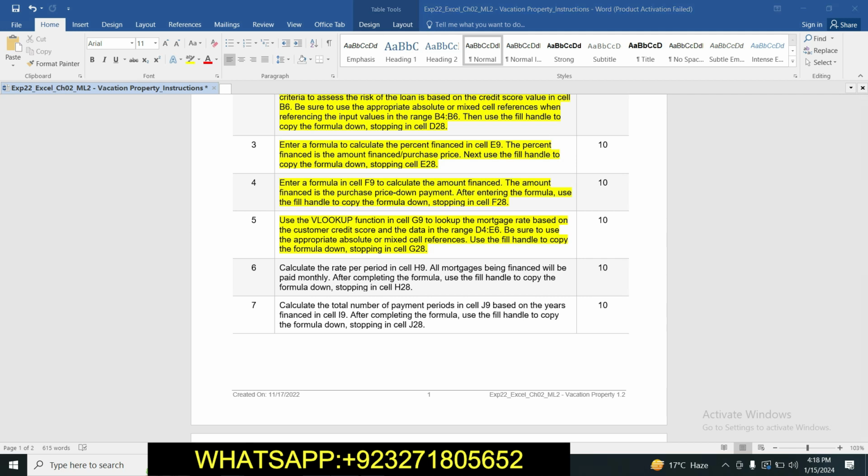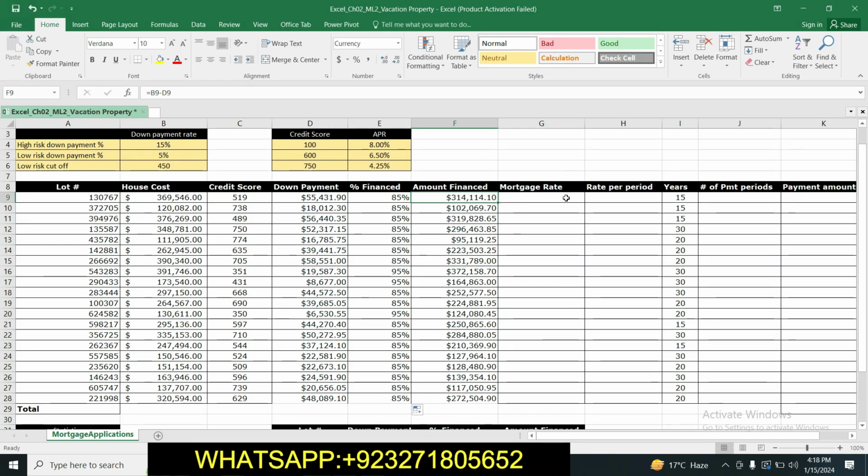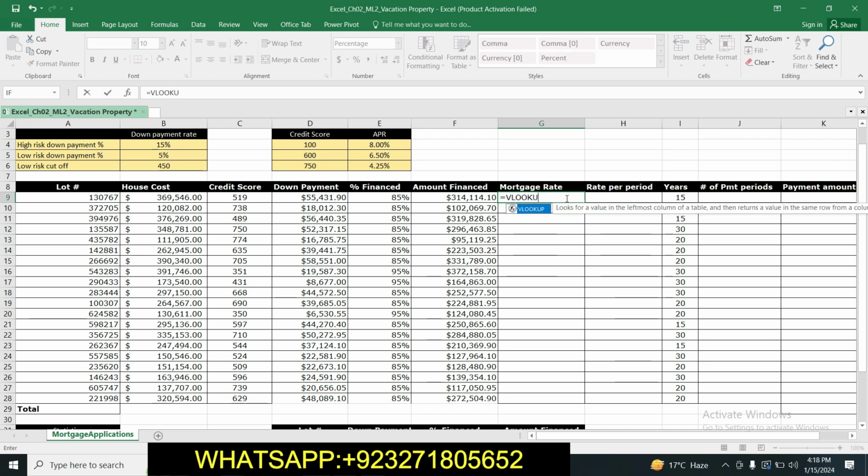Go to cell G9 in the worksheet. In G9, we enter the VLOOKUP function. Now select our credit score that is stored in C9.